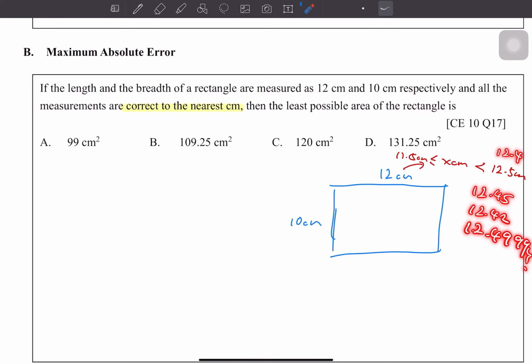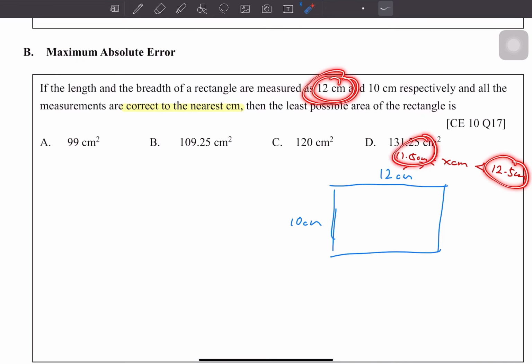We have a lot of 9s here. So this is related to the error. That means the maximum absolute error, if the length is equal to 12, is the difference between 11.5 and 12, and 12.5 and 12. That means 0.5 is the maximum absolute error.